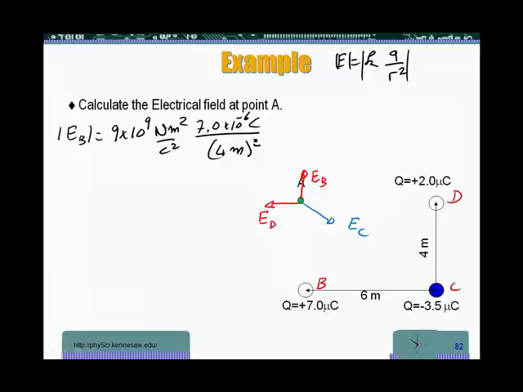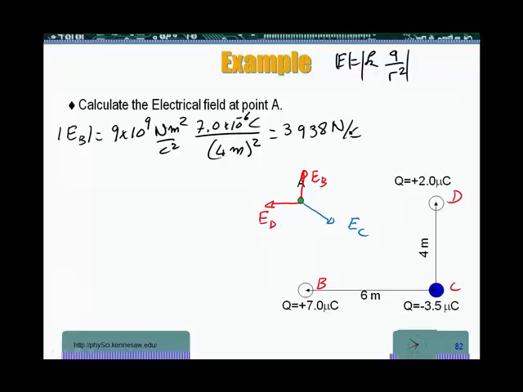Okay, I'm going to calculate this on the side. So what we have is 9 times 10 to the 9 times 7 times 10 to the minus 6 divided by 16. Okay, that gives us 3,938 newtons per coulomb.